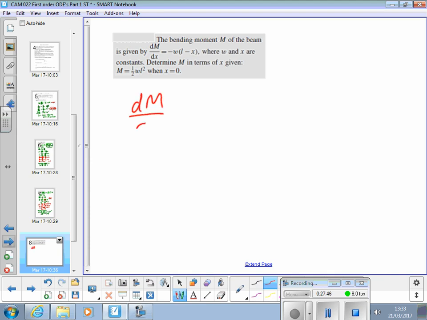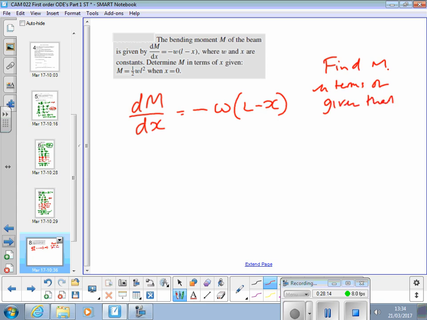Omega and L are constants. Find M in terms of x, given that M equals a half omega L squared when x is equal to 0.